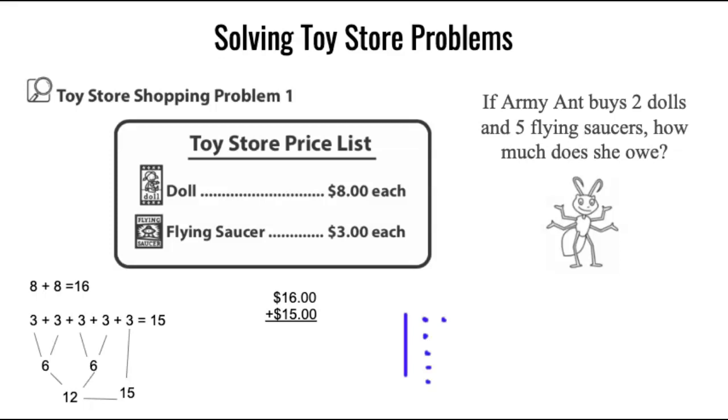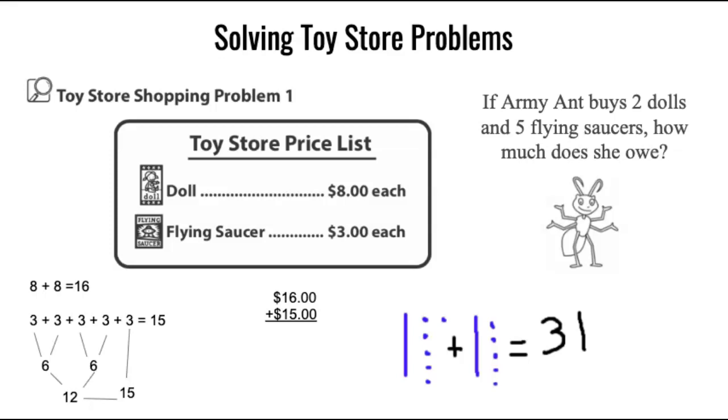We can draw a line for a tens piece and little dots for our ones. So I have my $16 with my 1 ten and my 6 ones, and then I'm going to add 15 more dollars with another 10 and 5 ones. And then when I add my tens pieces together, I get 31 total.